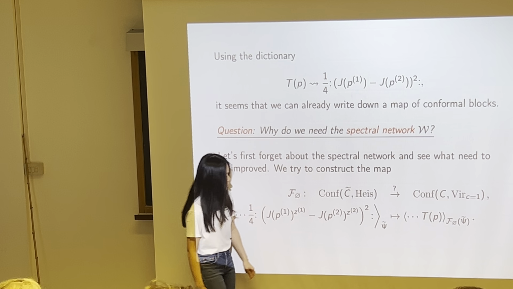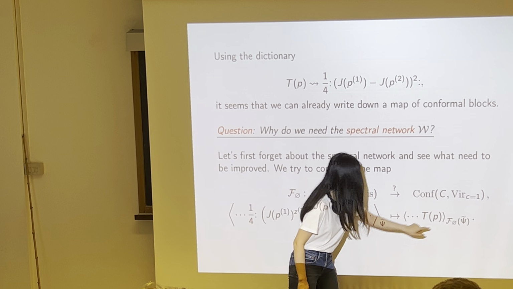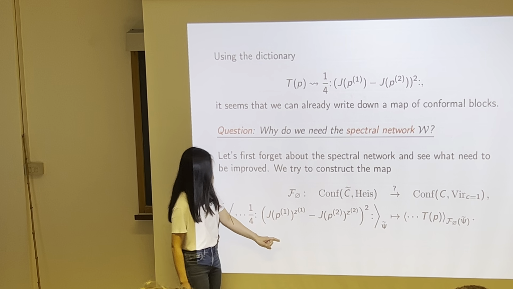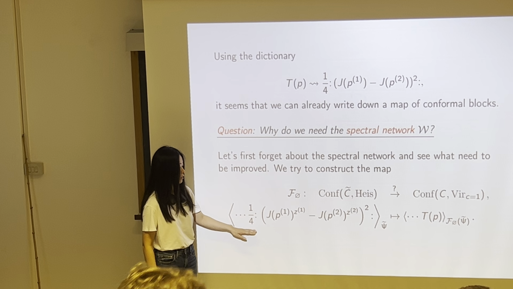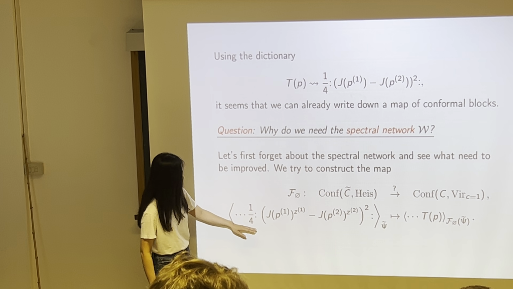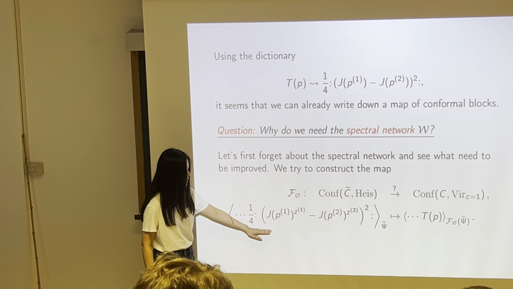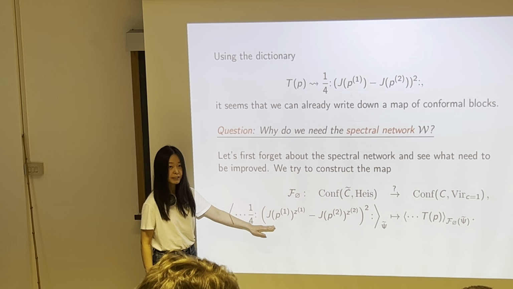So if we want to have conformal blocks on the Virasoro side with insertion T, on the Heisenberg side, I'm just going to replace T by this combination coming from the dictionary for a Heisenberg conformal block. Okay, so now I'm going to look at a very specific example of our setup, which I will call the baby example. So everything is very simple here.